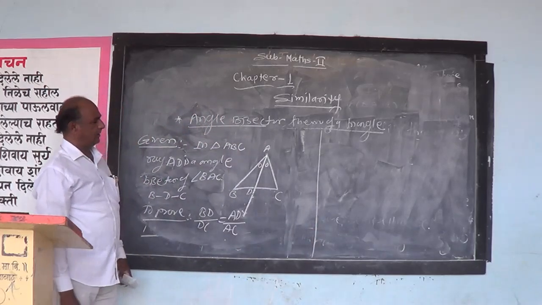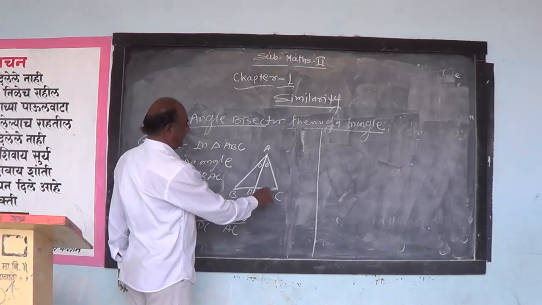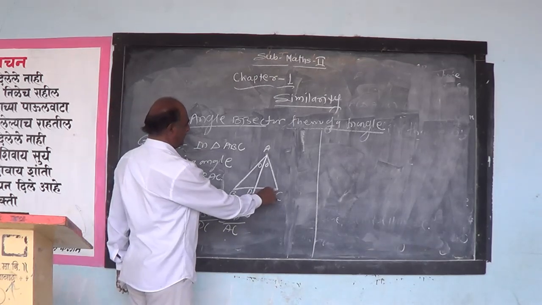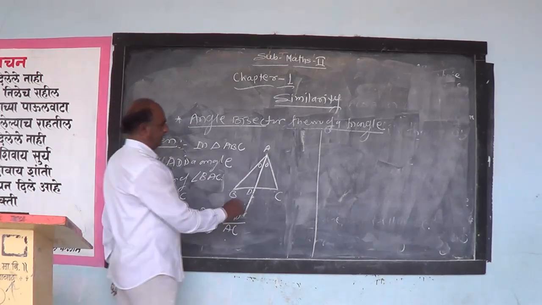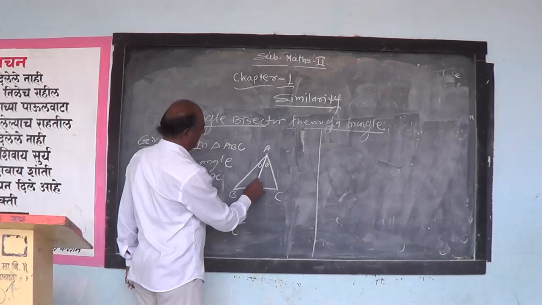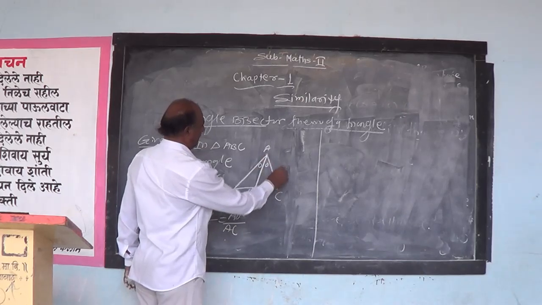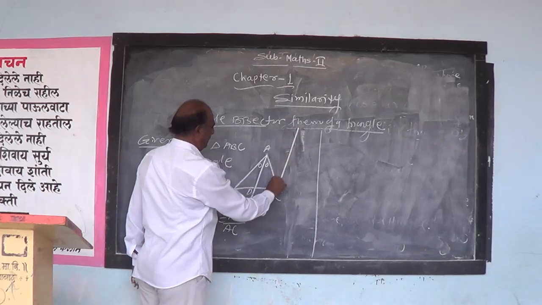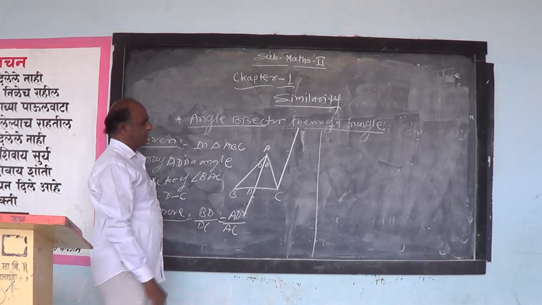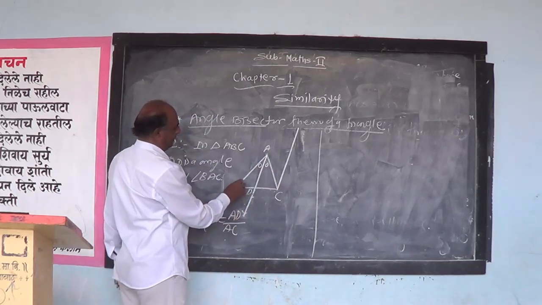We draw another line which passes through point C and is parallel to line AD.